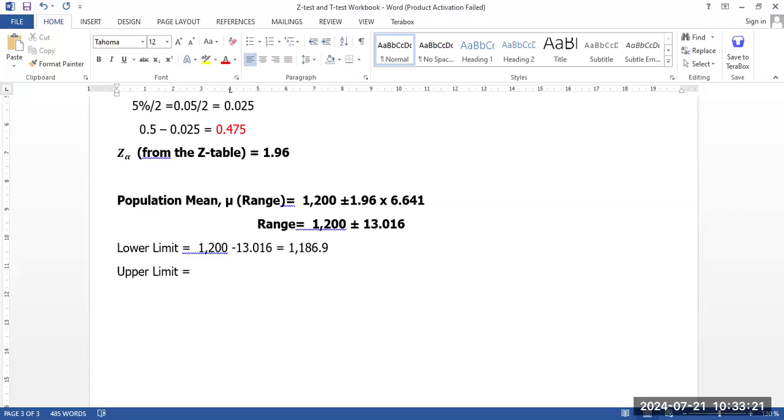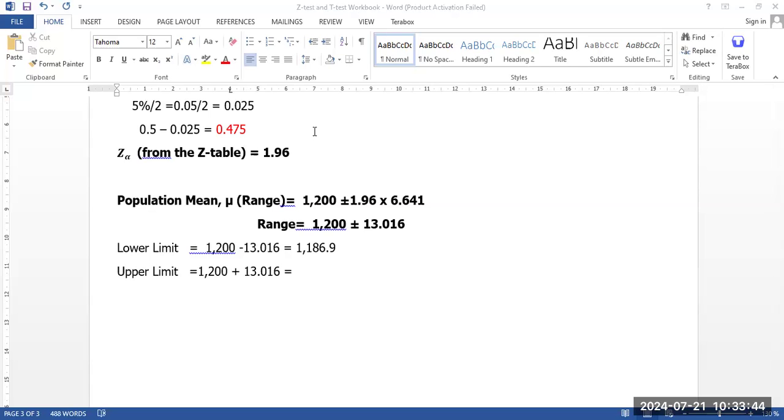Upper limit is equal to, where you have here, you now add. We get this, then plus 13.016. And what do you get?